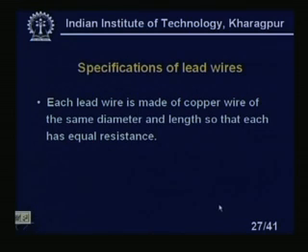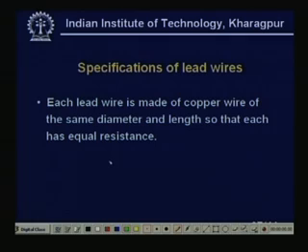Now, specification: each lead wire is made of copper wire of the same diameter and length, so that each has equal resistance. These are the specifications of the lead wires which connect from the bulb of the thermometer to the bridge circuit, right.